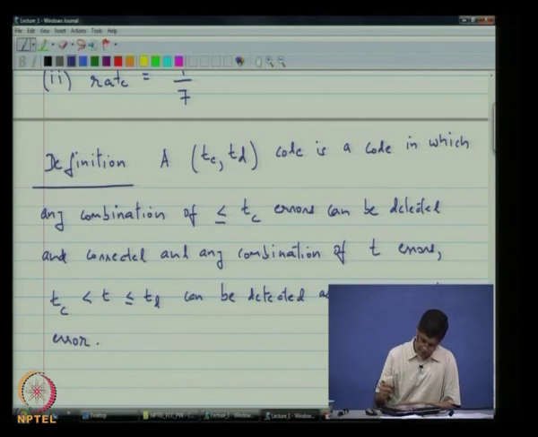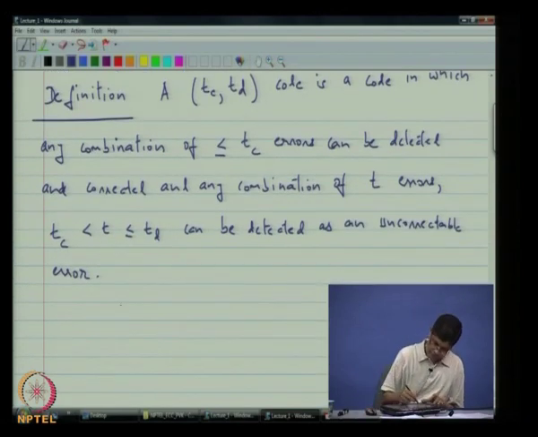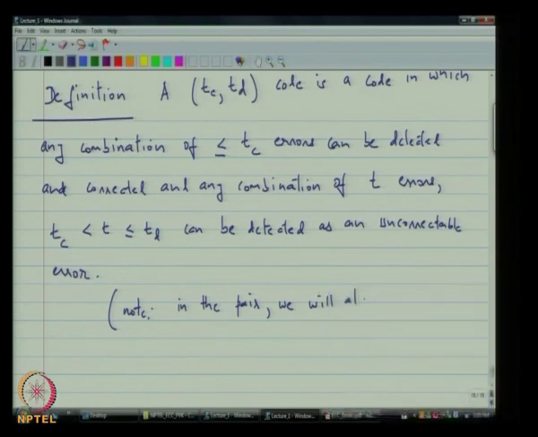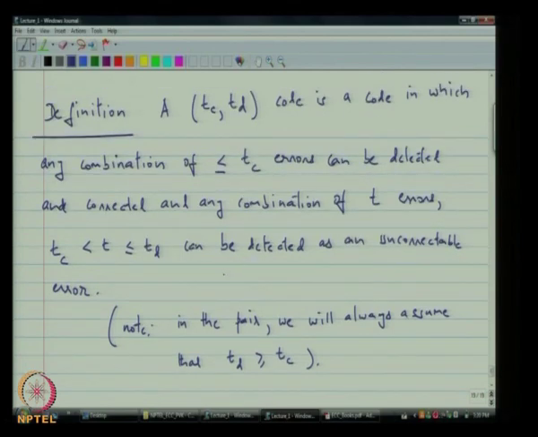So in the pair, we always assume that T sub D is greater than or equal to T sub C. Okay, so that is fine.